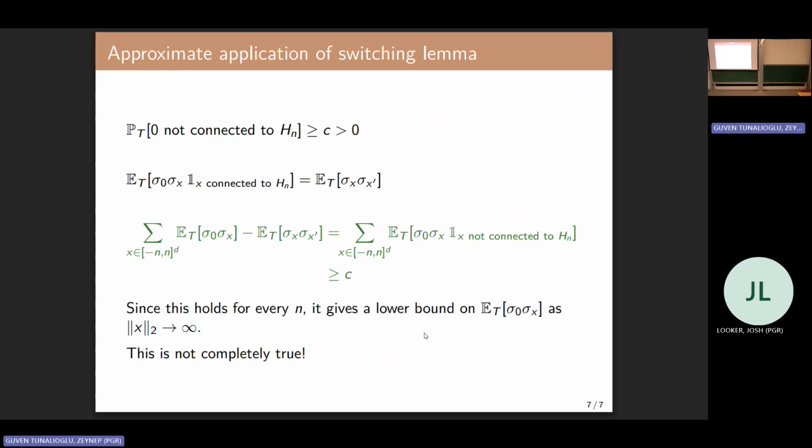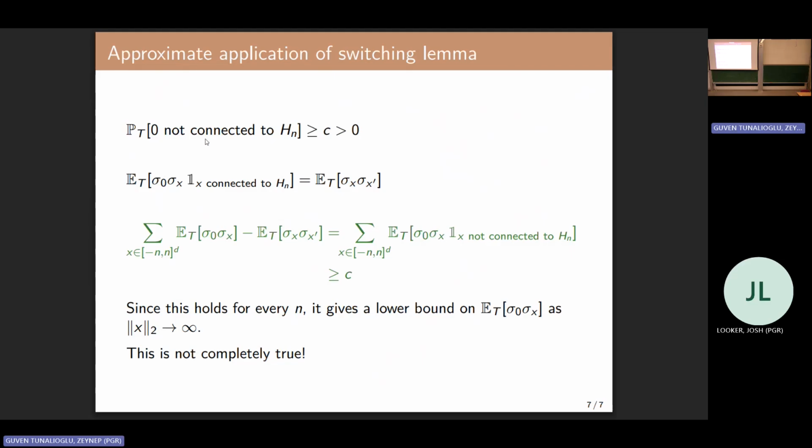So how we use this switching lemma to get the asymptotics I mentioned at the beginning, where it turns out that we can bound the probability of 0 being connected to HN from below. The way we can bound this is that the probability of this is 1 minus the probability of 0 being connected to HN.